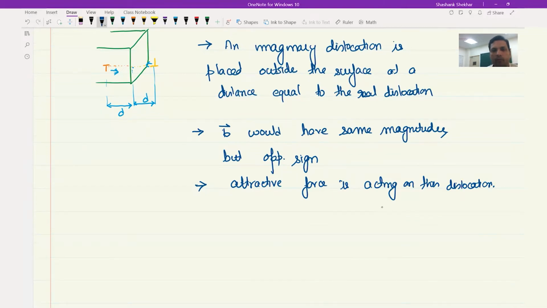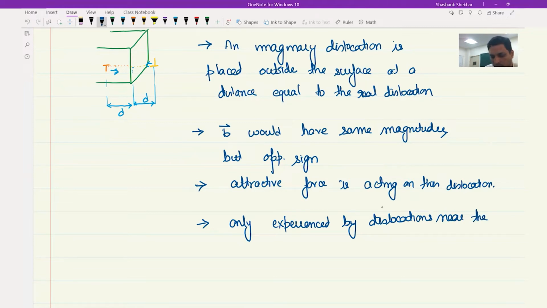This phenomenon, where the dislocations experience an attractive force pulling them out, is experienced only by dislocations near the surface, not by dislocations inside the bulk.